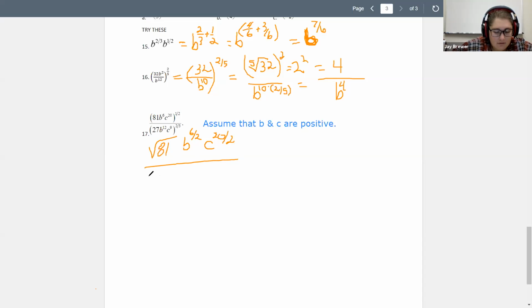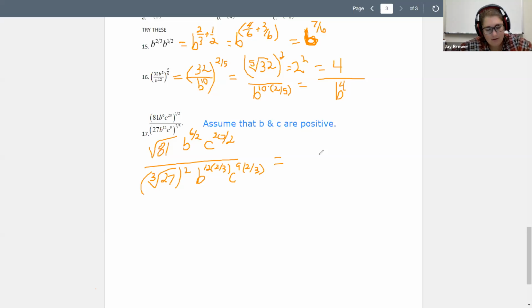All over the cubed root of 27 squared times b to the 12th times 2/3, times c to the 9th times 2/3.